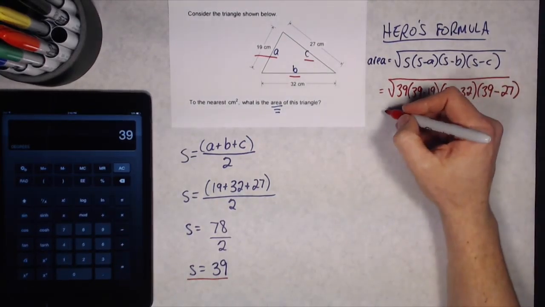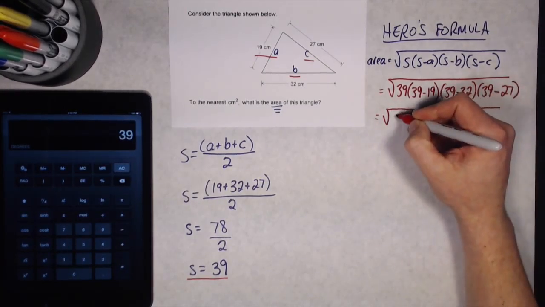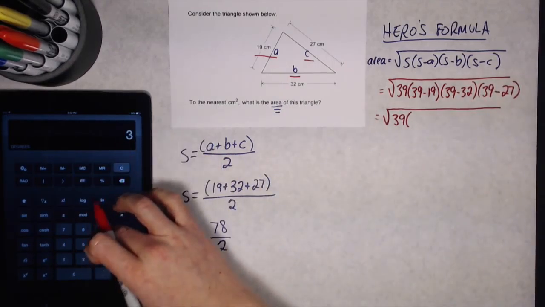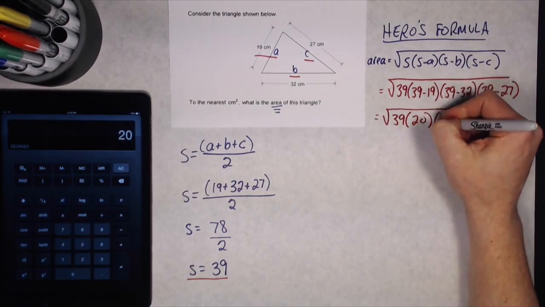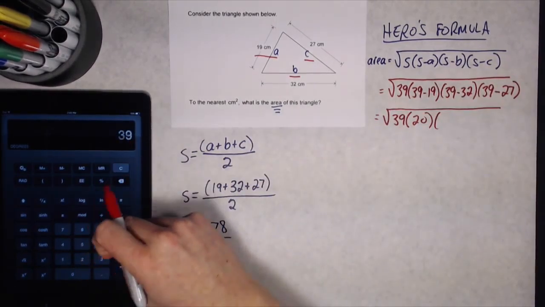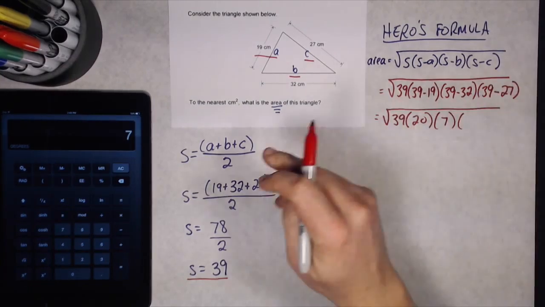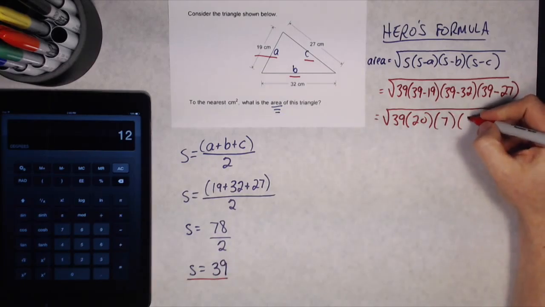So my next line is just to solve what's inside the brackets, because I've got to follow the order of operations. So this is going to be 39 times 39 minus 19 gives me 20. 39 minus 32, 7. And 39 minus 27, it's 12.